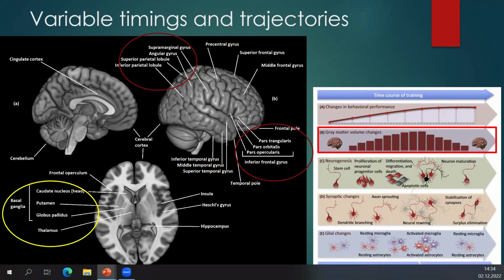The one thing to remember, and we're focusing on this part here, the great amount of volume changes, is that you may get some parts of the brain start to increase with increased experience, so all the frontal parts, the parietal parts. And then with increased experience, you can see them move to this pruning, going back to baseline phase. The same regions. But while these regions return to baseline, you may get other regions starting to increase.